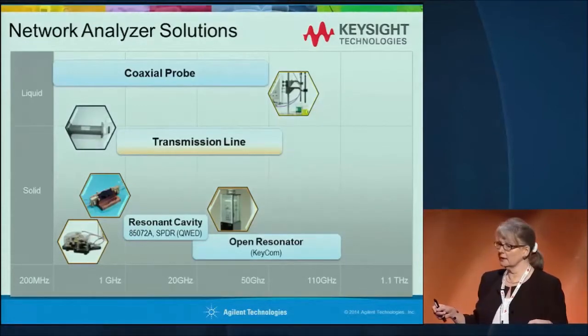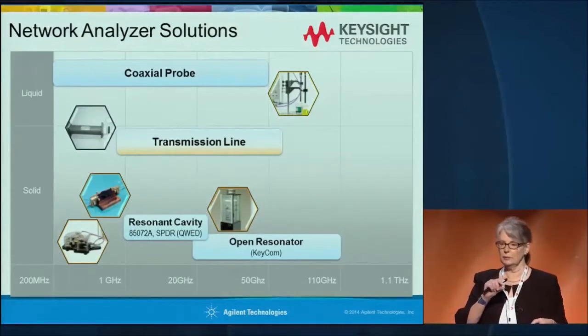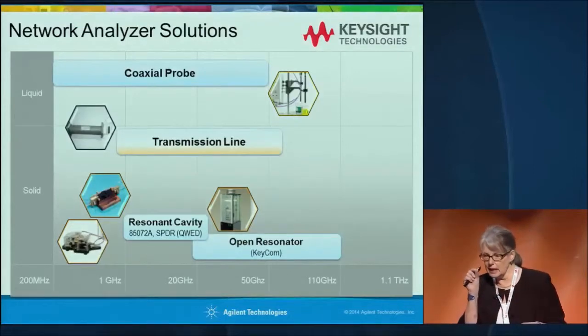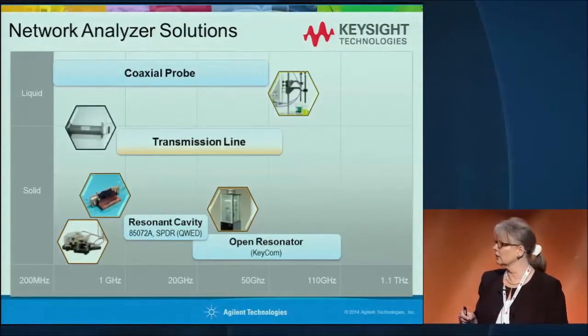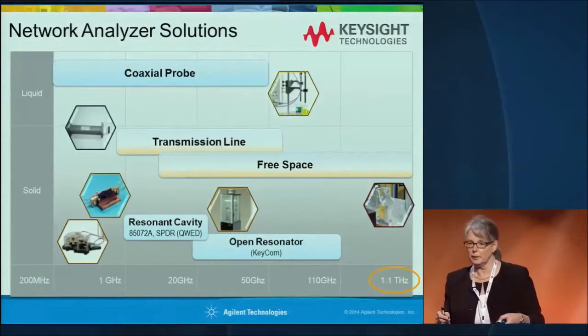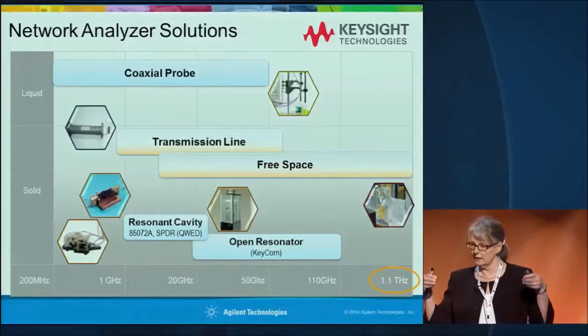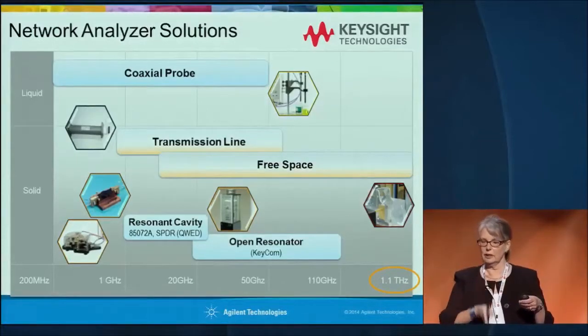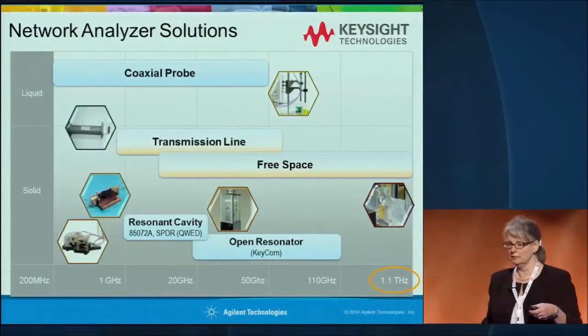At the high end, it gets limited by the practical ability to machine your sample to fit in some tiny waveguide structure. So usually at high frequencies, we launch out into free space with some antennas. Now you get a couple of antennas pointing at each other, and a sample in the middle.